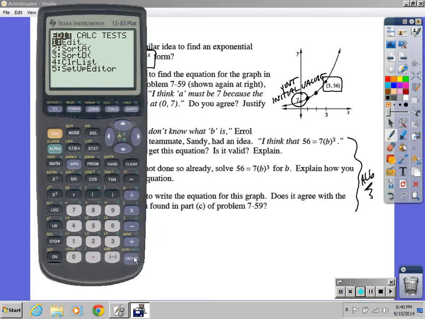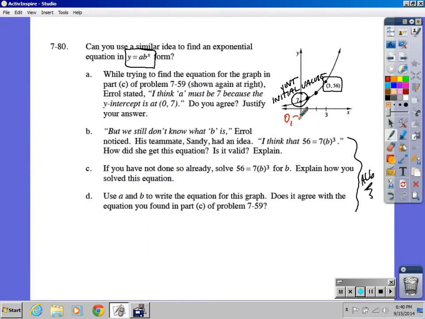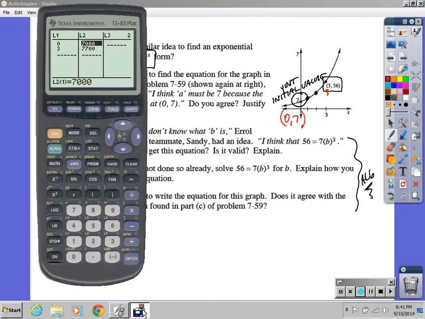Stat, edit, and in L1 we're going to type our x values. 0 and 3 are our x values from this problem. 0, 7, and 3, 56. And then we have 7 for our first y value, 56 for our second y value. Okay?